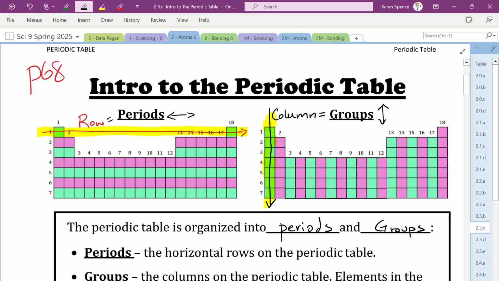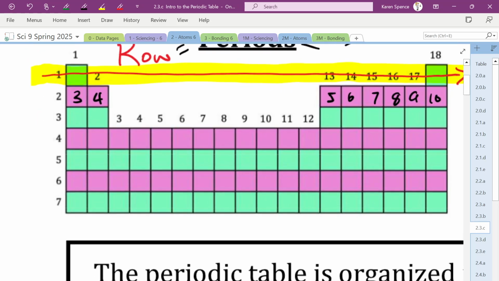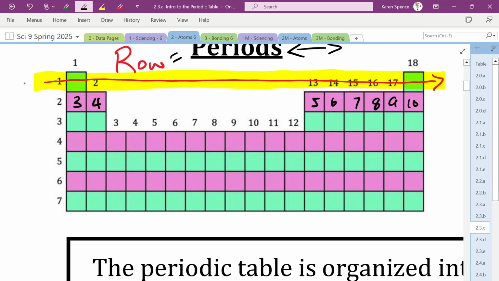So elements number 1 and 2 are in period 1. Elements number 3, 4, 5, 6, 7, 8, 9, 10 are in period number 2. So you can see along the side, we have period 1, period 2, and then I'm going to get lazy because I don't want to write period like 7 times. Period 3, period 4, period 5.